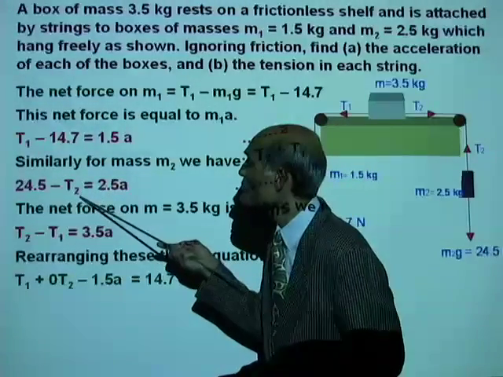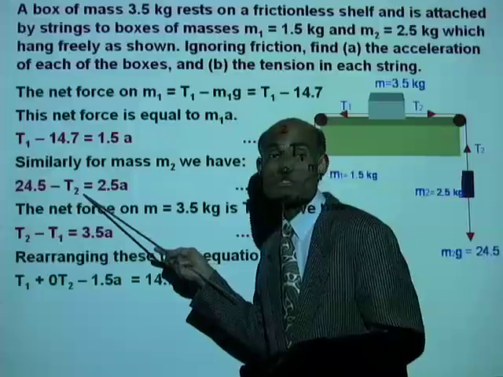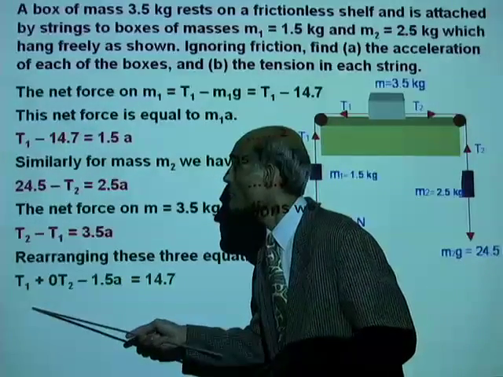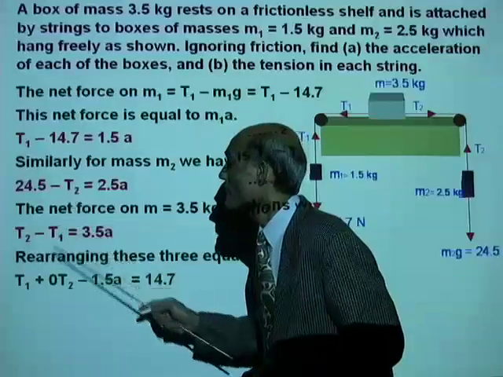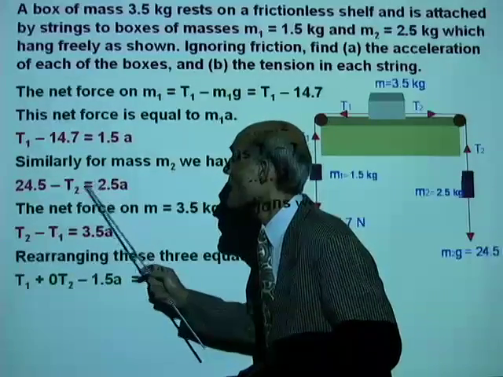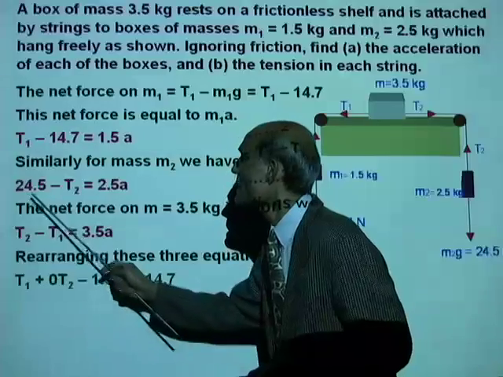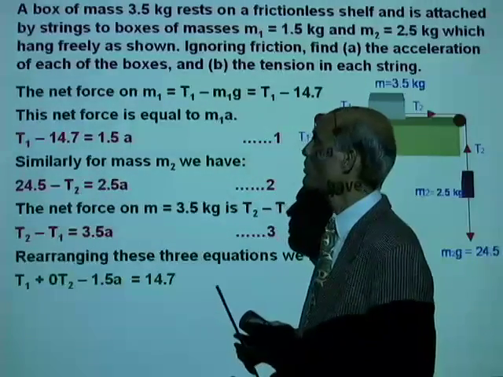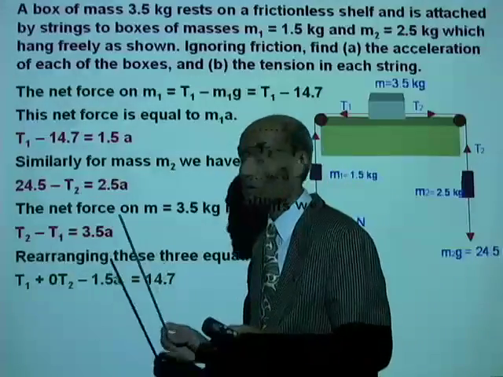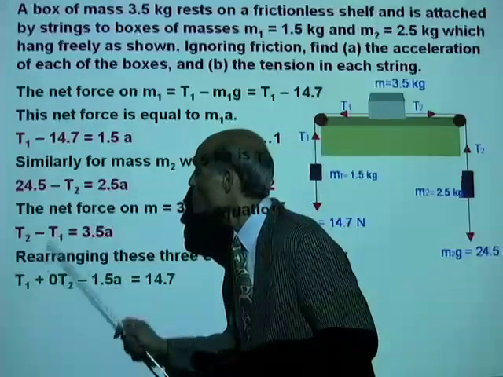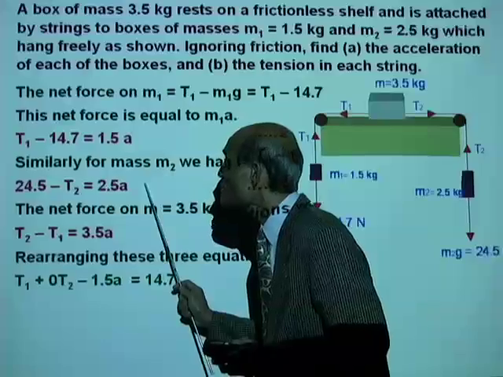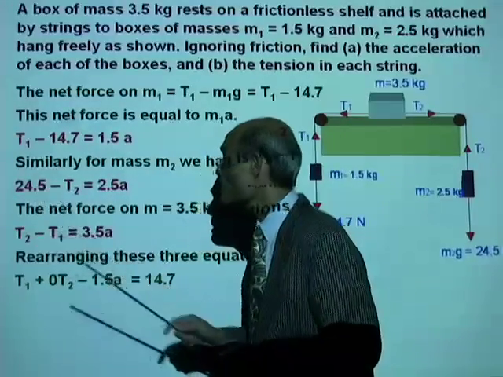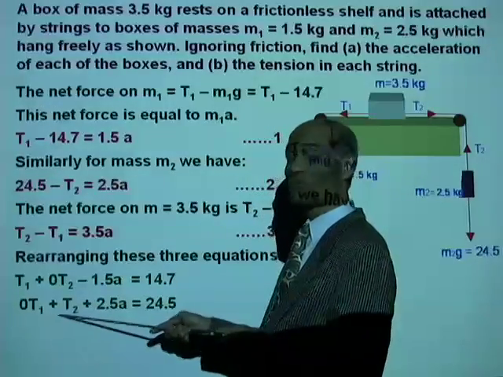Alright, how will you write this equation? There is no T1 there, so there will be a 0 T1, alright, minus T2 minus 2.5A equal to negative 24.5. Or you can write it like this: 0 T1 plus T2 plus 2.5A equal to 24.5. That's how I have written it here.